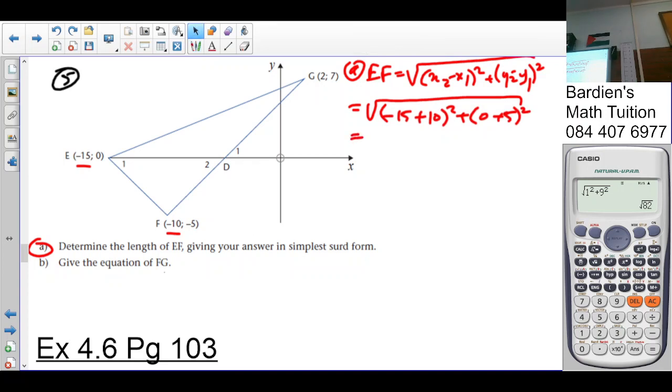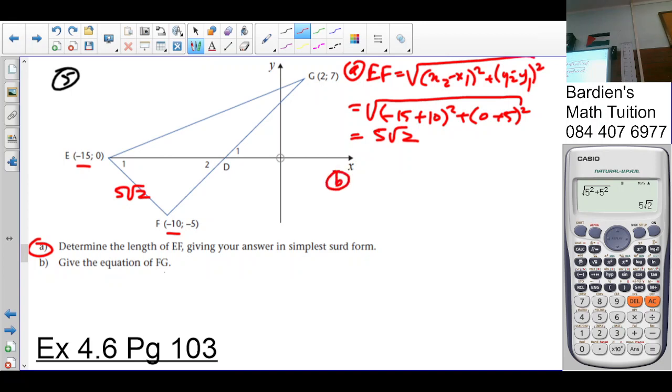That gives us the square root of 5 squared plus 5 squared, which is 5 root 2.